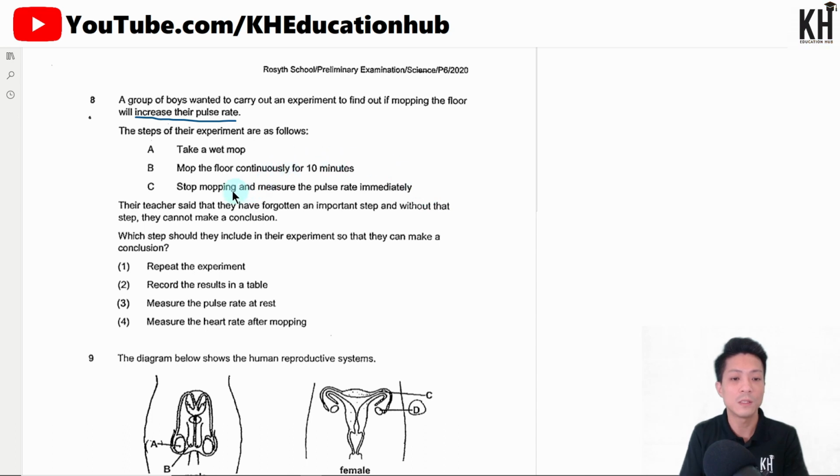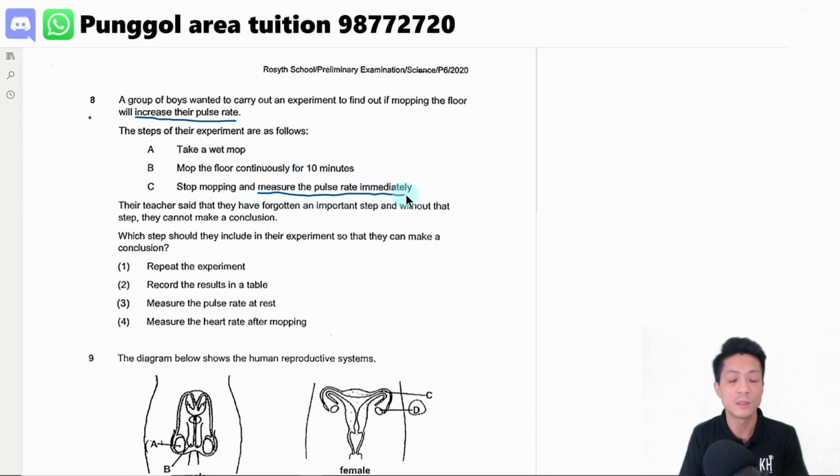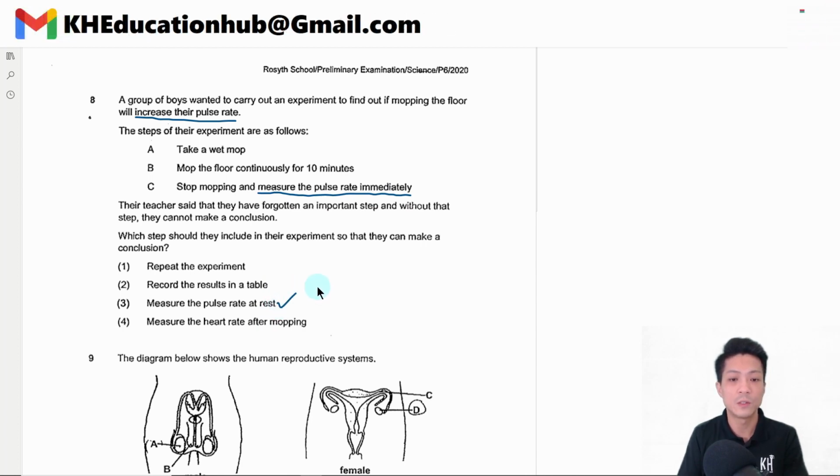Okay, so in this case, they measured the pulse rate immediately at the end, and they did not measure the pulse rate at rest. So there is no basis to compare the pulse rate before and after the action of mopping the floor.